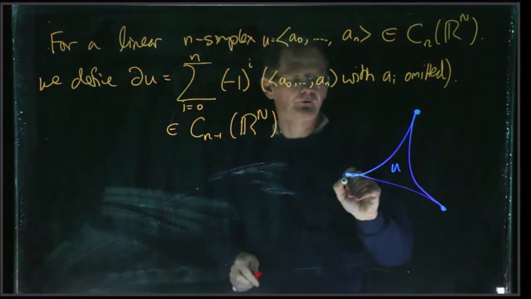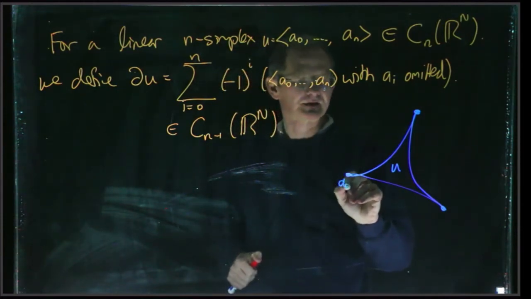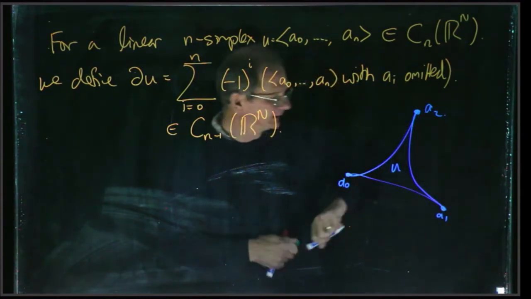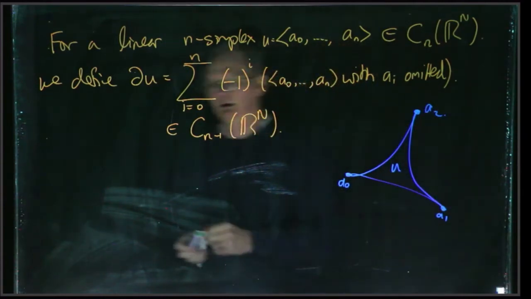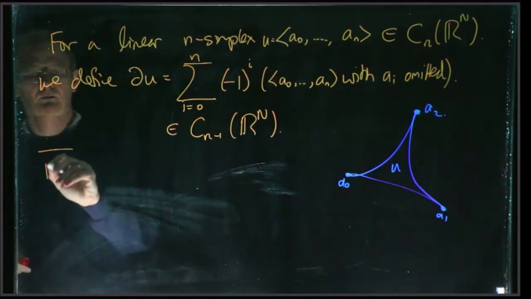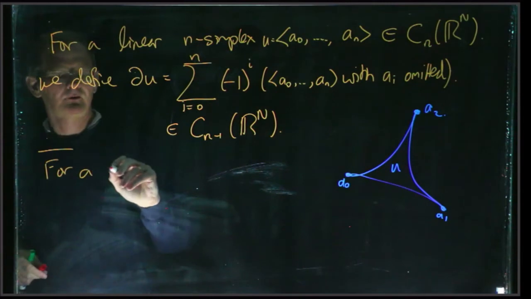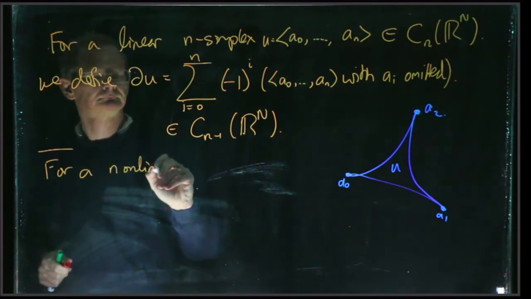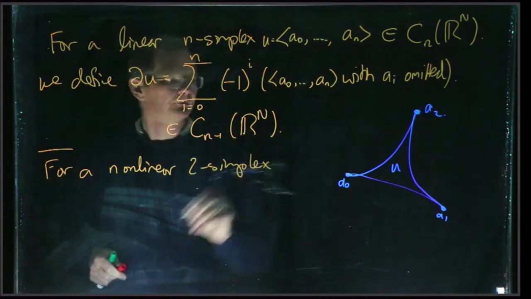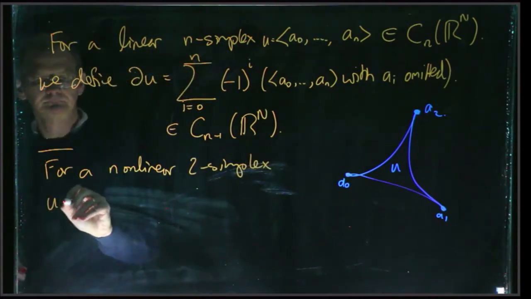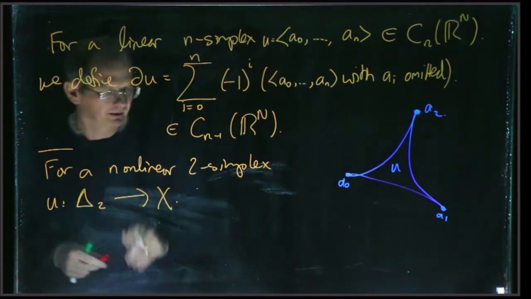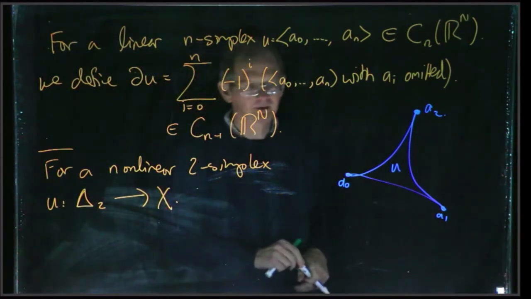It's got some vertices A0, A1, A2 again. So for a nonlinear two-simplex U, remember, U is officially a map from delta 2 to X.